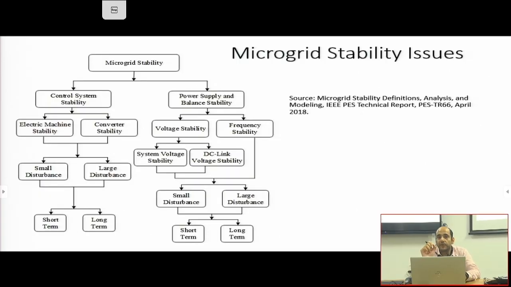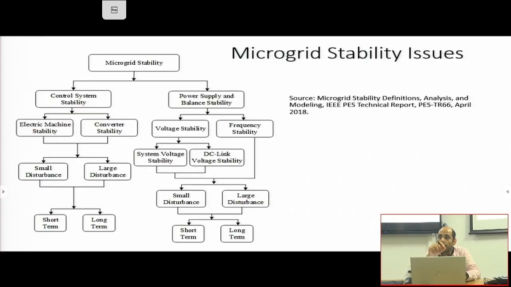A small disturbance is one for which a small signal analysis is valid. That means linear analysis is valid, for example, the Bode plot that we discuss. So we can have this small variation where the linearity is maintained. If the linearity is not maintained, we have to go for non-linear analysis. That is called a large disturbance.